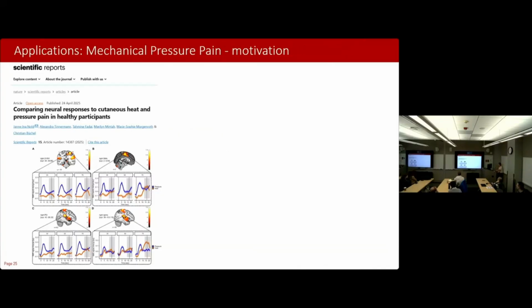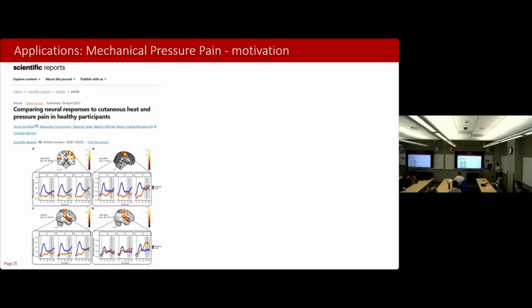All right, the next application I want to talk about is mechanical pressure pain hemodynamics. The motivation came from 2 recent papers. This is the first paper that motivated us, from Christian Büchel's group.